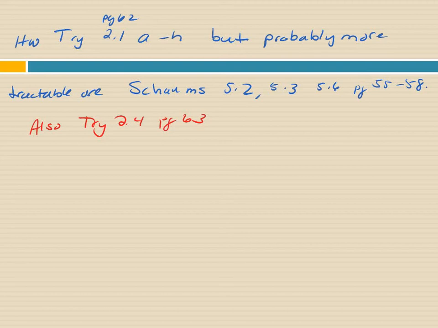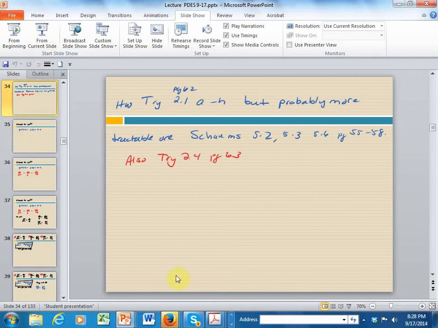So they're worked out, but they're probably not worked out with steps like we have here. But at least you have an outline of the solution instead of just an answer in the back of the book. And also 2.4. Let me see what that one was, 2.4.